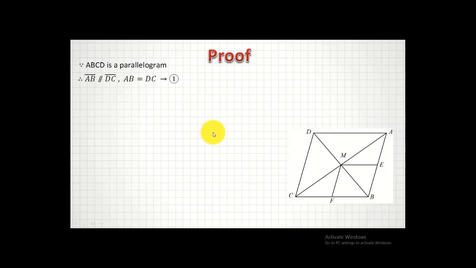A parallelogram. Therefore, line segment AB is parallel to DC, and AB equals DC. This is number 1.